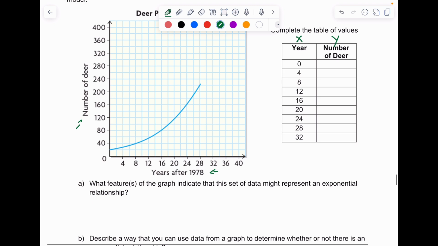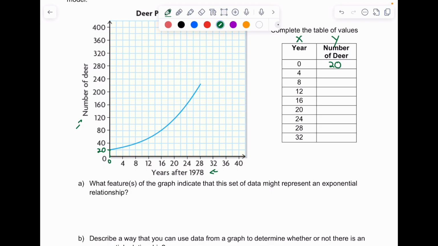So if I go to year 0 on the x right here, I see a value of, well, if 2 ticks is 40, that means 1 tick is 20. So it looks like every one of these squares going up is a unit of 20. So at year 0, we are at 20.